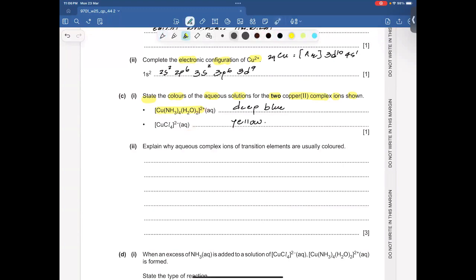Next is explain why aqueous complex ions of transition elements are usually colored.